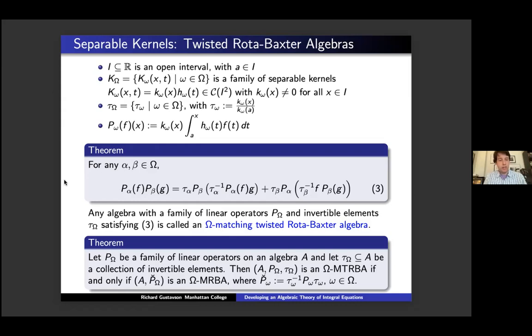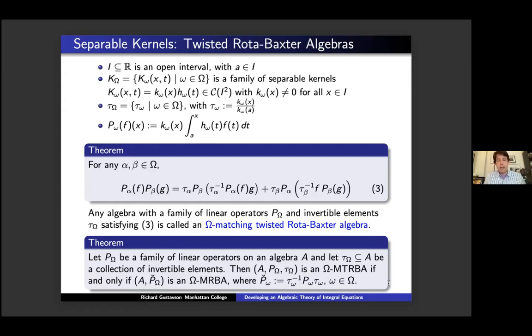Matching twisted Rota-Baxter algebra. It turns out that we're not getting too much more by having this twisted Rota-Baxter algebra. We can actually always produce a standard matching Rota-Baxter algebra from that. Basically, what we do is define this new operator P check, which is defined as such down here.